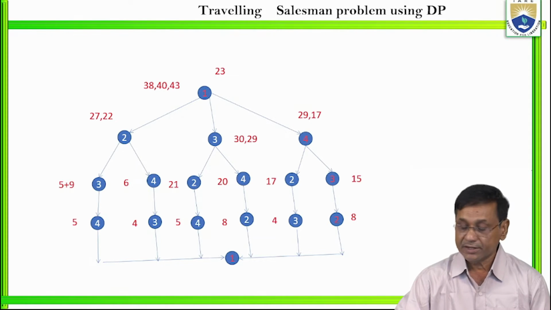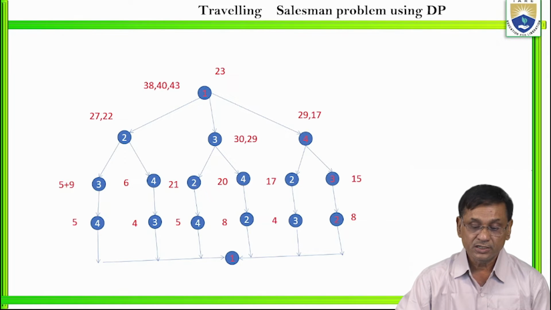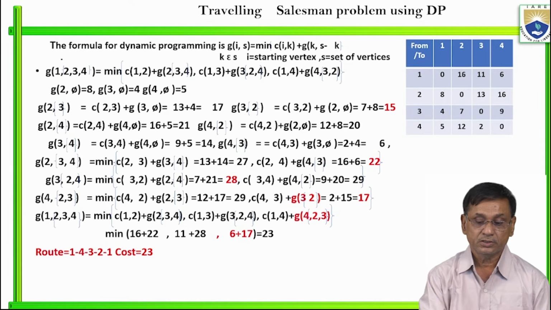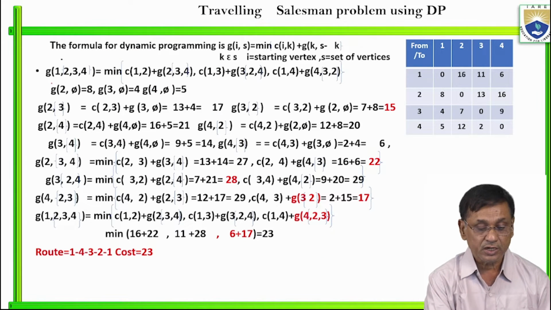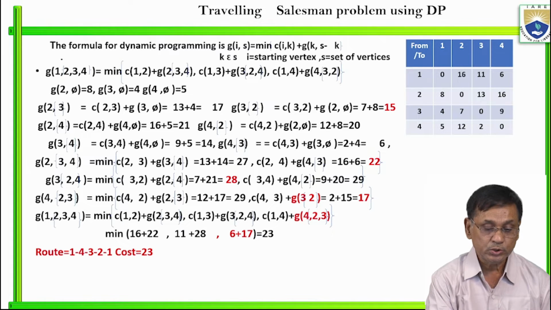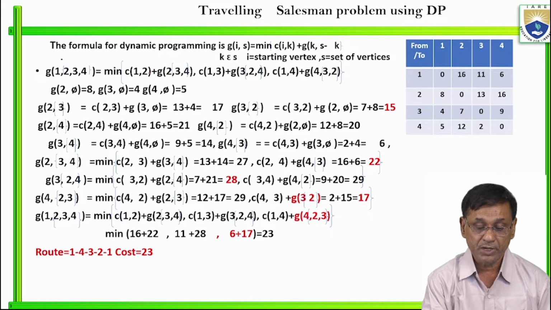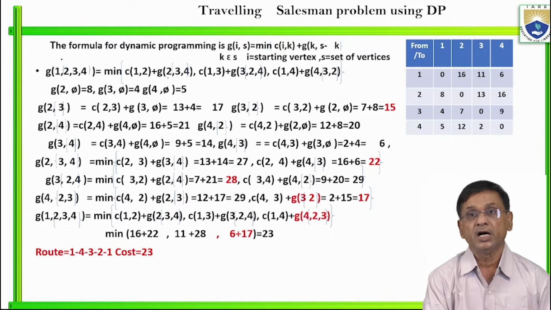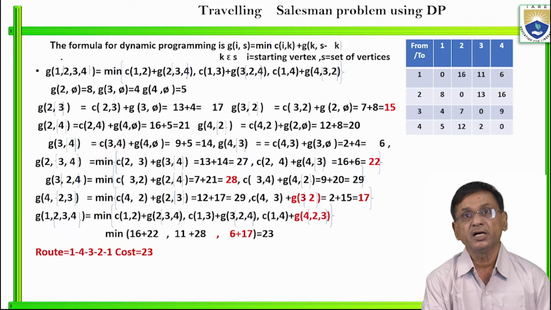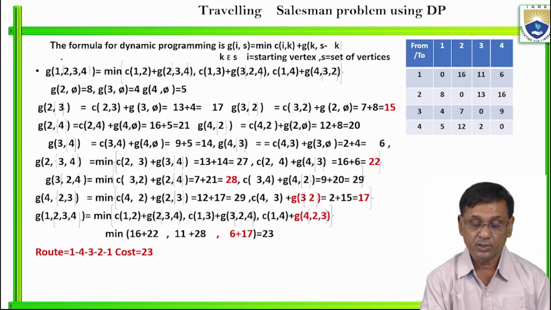Now we have to derive the formula. For deriving the formula, we can use this state space diagram. So the cost of going from city 1 to the set of cities 2, 3, 4 is equal to the minimum of cost of 1 to 2, that means the cost corresponding to the edge 1 to 2, plus cost of going from city 2 to the remaining set of cities 3, 4.